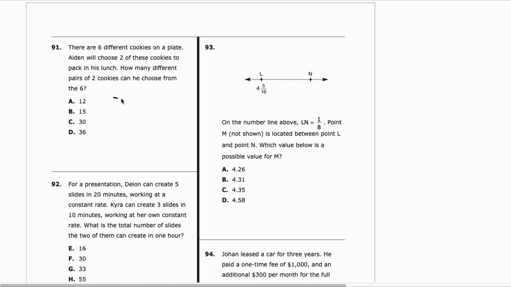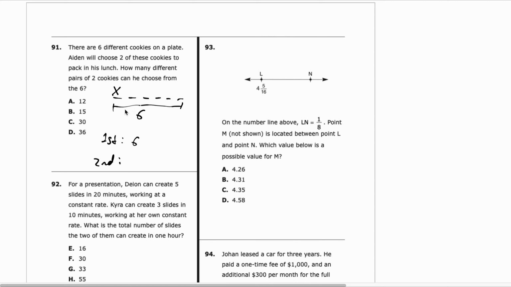Okay, so basically we have 6 different cookies. Now Aiden has to choose 2 of the cookies. So for his first choice, he obviously has 6 choices. And then secondly, now he already chose one of them, right?